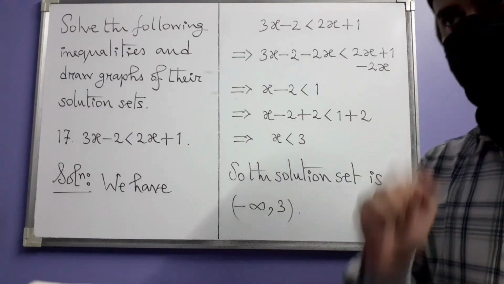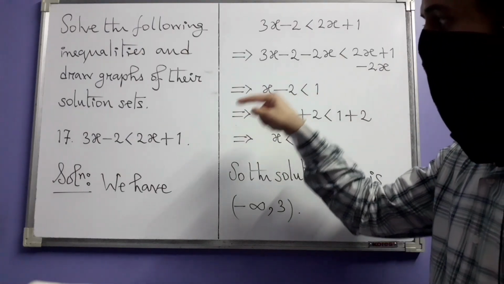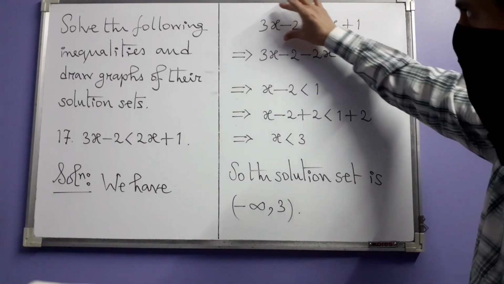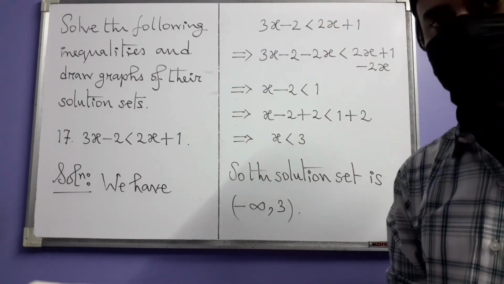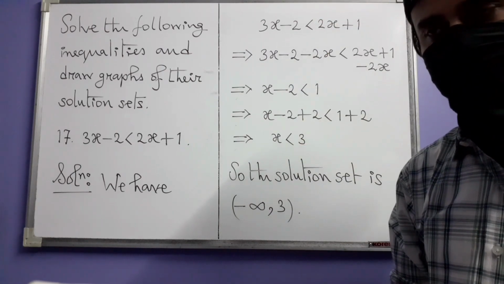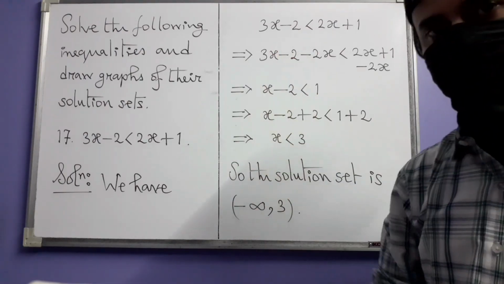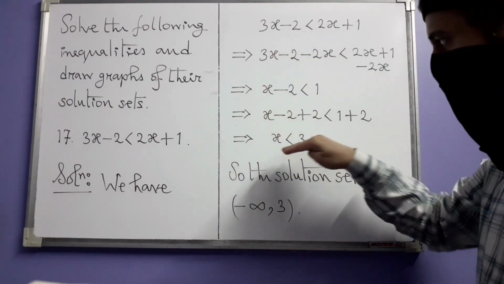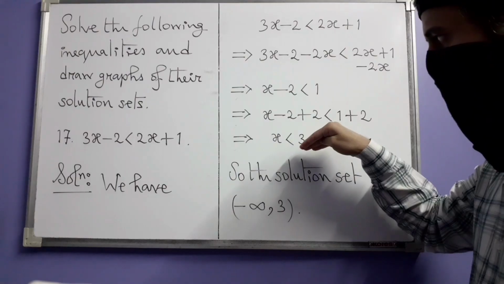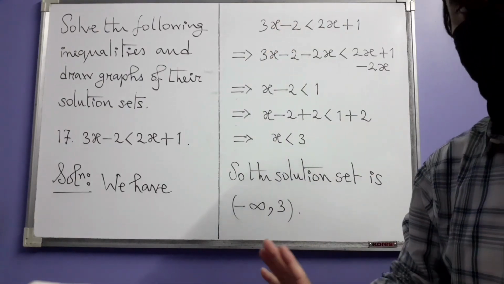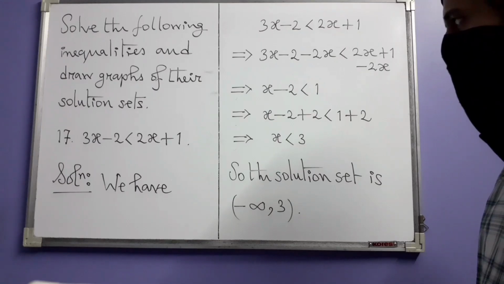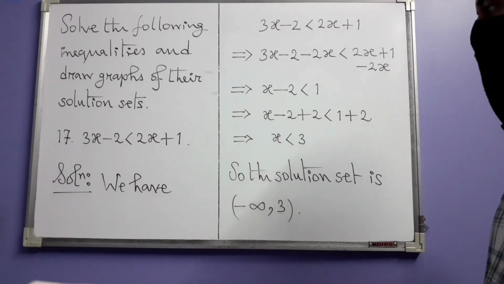It means this: if x is a real number that satisfies this inequality, then x has to be less than 3. But what about the converse? Are the real numbers that are less than 3 also satisfying this inequality? Yes, actually that's also true.